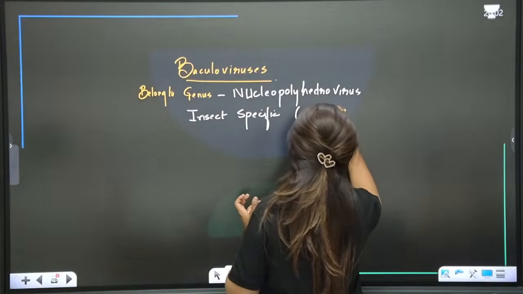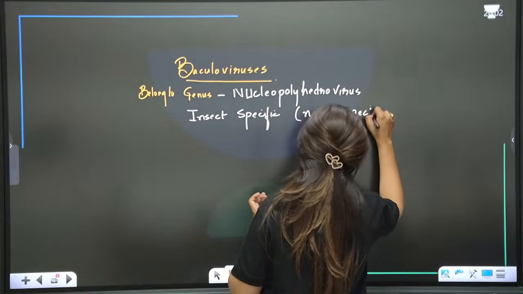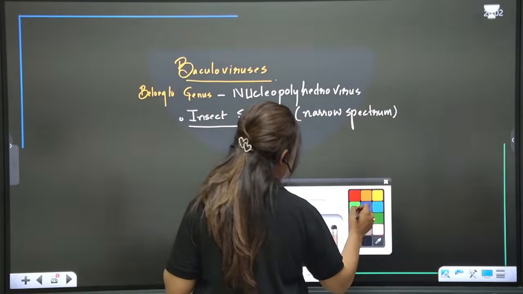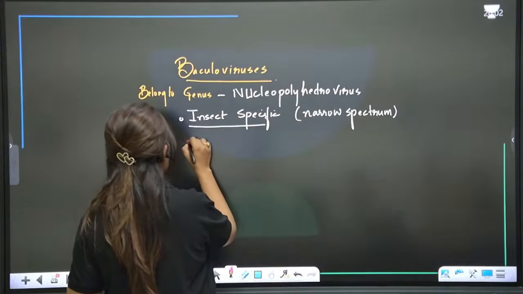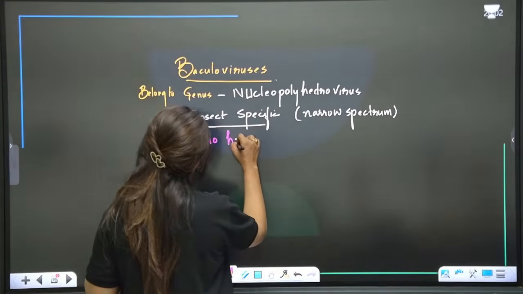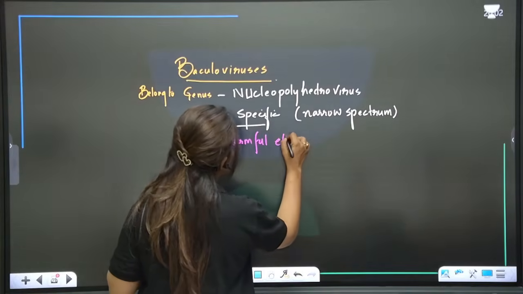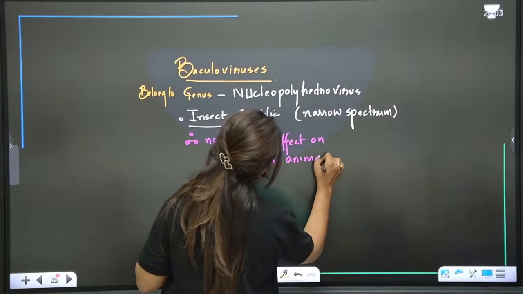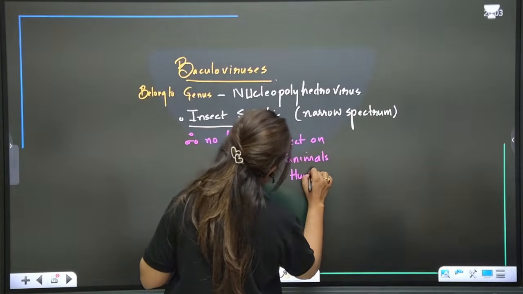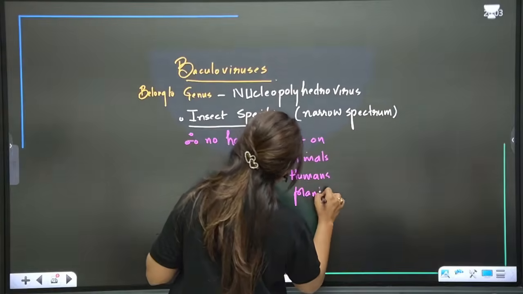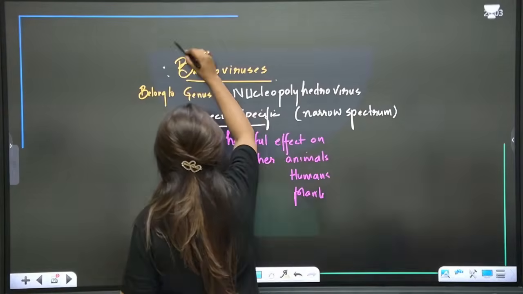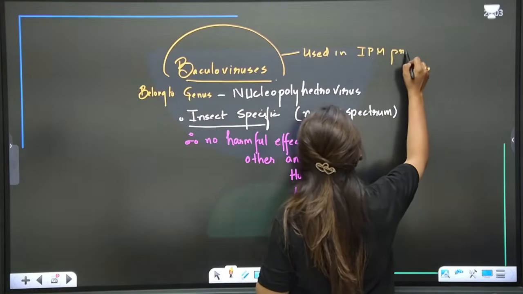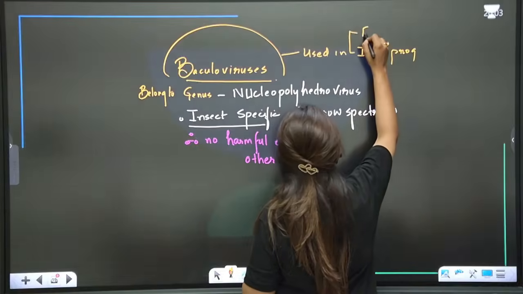So they are narrow spectrum. Because they are insect specific, they have no harmful effect on other animals, humans or plants. That is why we use these baculoviruses, guys. These are used in integrated pest management programs, IPMs, and in ecologically sensitive areas.